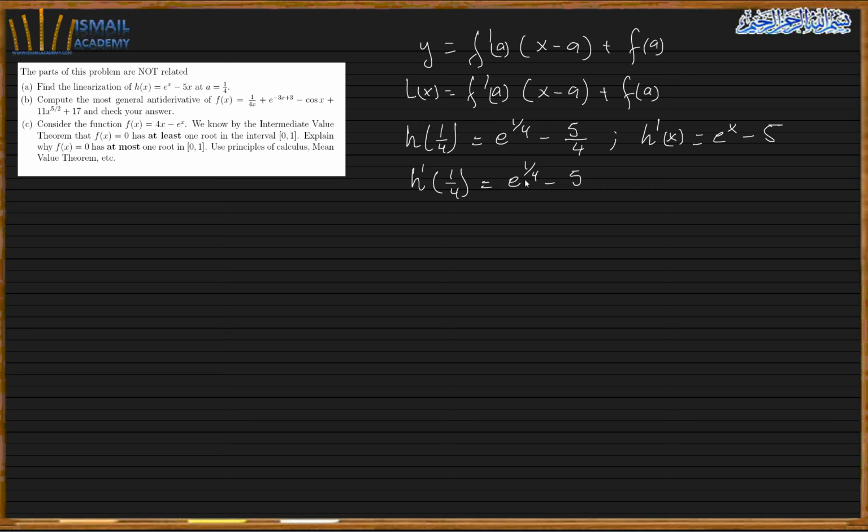Now I just substitute this value into my approximation function. Again, it's called the approximation function. So L(x) is (e to the 1/4 minus 5) times (x minus 1/4) plus h of 1/4, which is (e to the 1/4 minus 5) over 4.